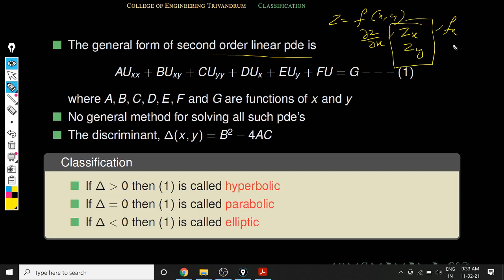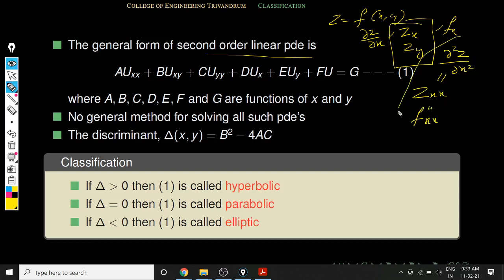Similarly, we can define higher order derivatives, especially the second order derivatives. For example, ∂²z/∂x² and ∂²z/∂y². And what is the meaning of ∂²z/∂x²? Or simply we write this as zxx, or you can write fxx.